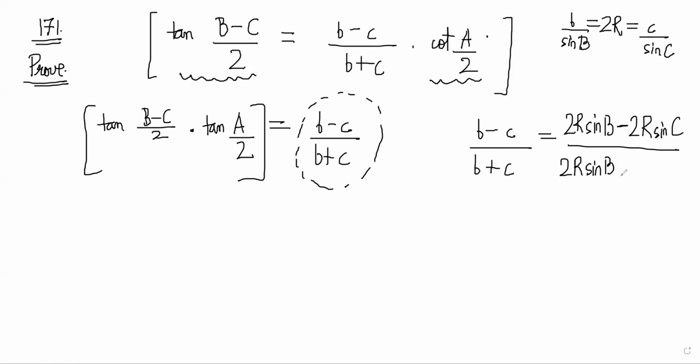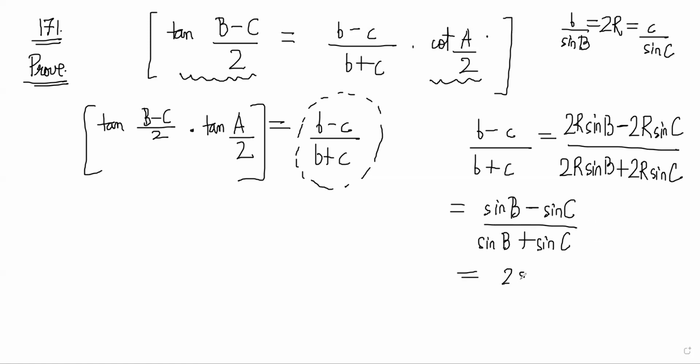Correct? So it is very easy to see here that this side can be simply written as (sine B minus sine C) by (sine B plus sine C). And applying my sine C minus sine D formulas, you get 2 sine (B minus C) by 2 cos (B plus C) by 2 divided by 2 sine (B plus C) by 2 cos (B minus C) by 2, right?